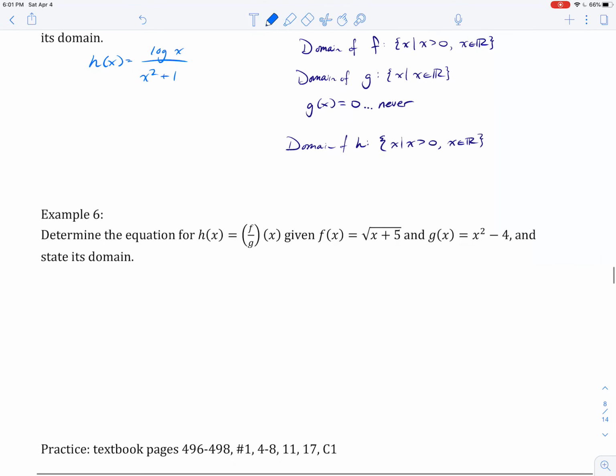And then the last one. f of x is on top. g of x is on the bottom. Oh, I forgot what subtraction looks like.